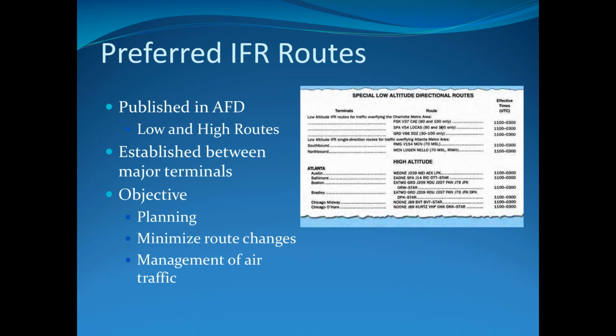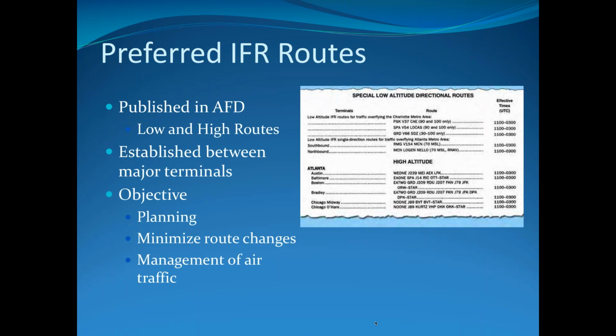Some city pairs want you to fly a certain route to reduce route changes. The objective of the entire thing is to help with the planning, minimize route changes, and help air traffic control do their job better. The less they have to think about, the more time they have to actually watch what's going on on their screen.